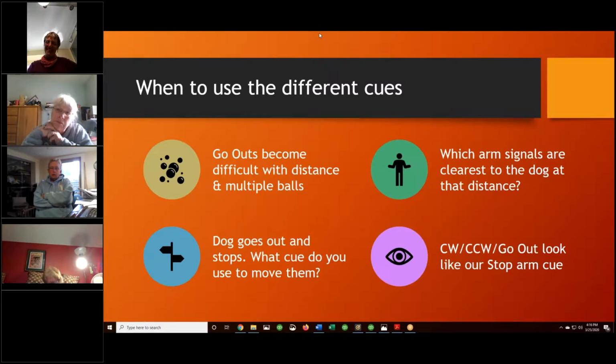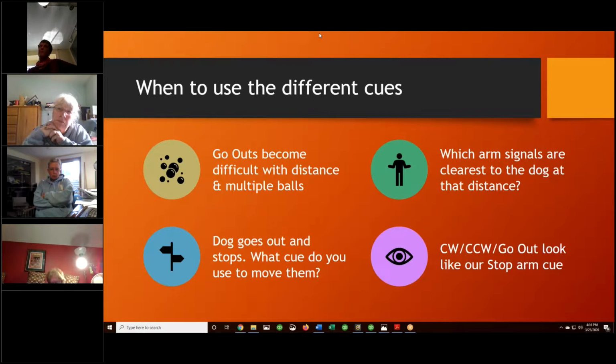Your dog stopped behind a ball, and there is a ball directly to their left, but there's also a ball to the left and further back, or closer in, either way. But let's go with further back. How do you distinguish and get them to go to the further back one versus the one that is straight to their left?